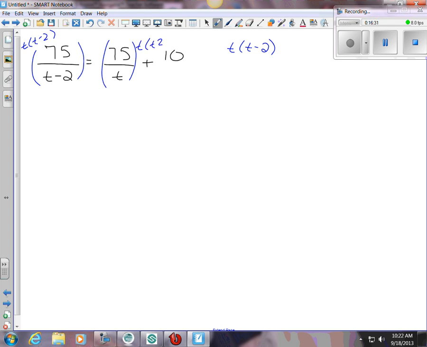T times t minus 2, right? What cancels here? What cancels here? What cancels here? Good. We're good so far? So this becomes 75t equals 75 times, plus 10 times.